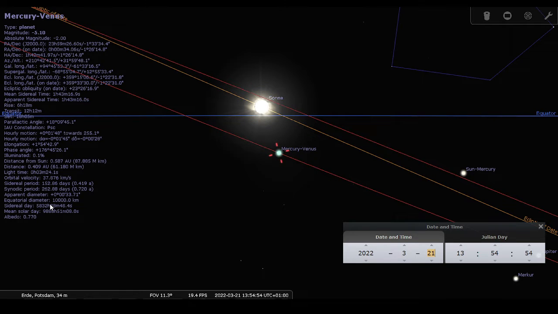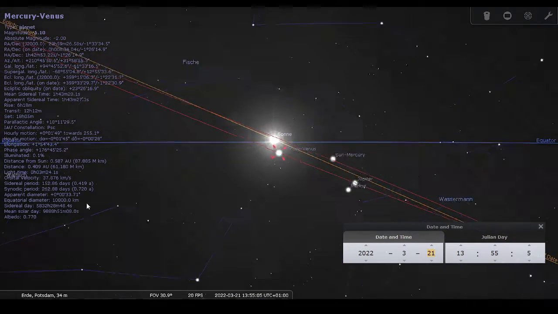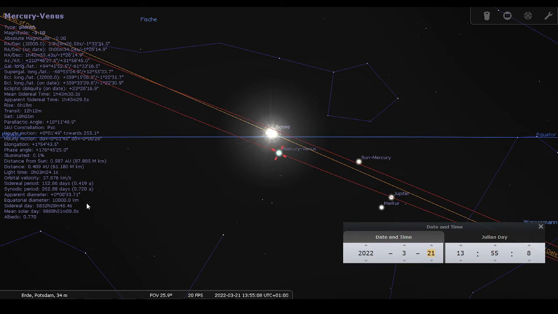It's also because you have to consider the Earth's motion along its path, and that the Earth is orbiting around the Sun, so the Sun is apparently moving away. So this difference is getting higher, and this equator diameter is lower than Venus's, but bigger than the diameter of Mercury.